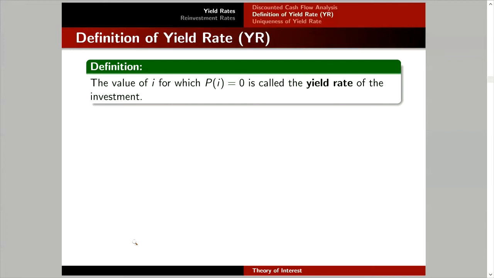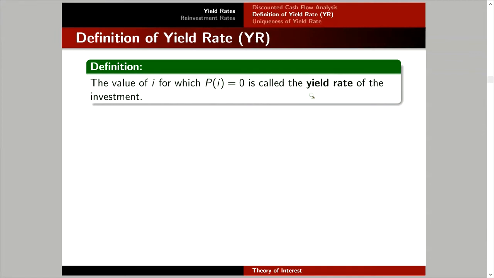Okay, so this is the formal definition of yield rate. So you equate now the net present value here to 0. And then the value of I that will make this true is called the yield rate. Okay.